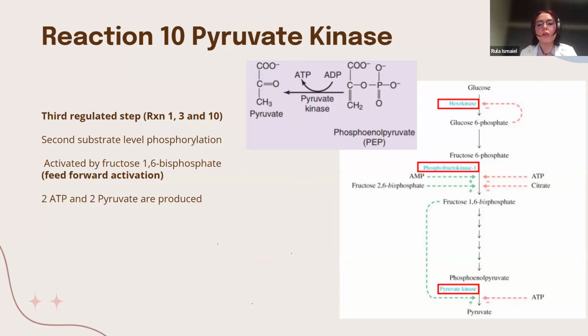Instead of suddenly having a lot of PEP, all the enzymes occupied, and them saying, whoa, what is going on? That's how I like to think about it. Obviously pyruvate kinase is inhibited by ATP, because if there is ATP, there's no point for this enzyme to make more pyruvate, which can be oxidized later.